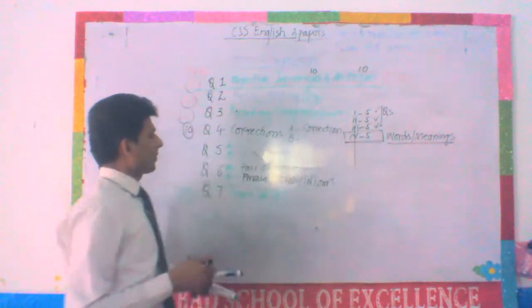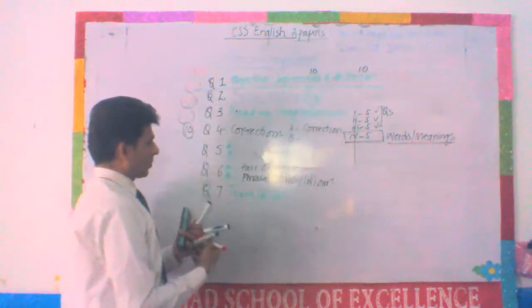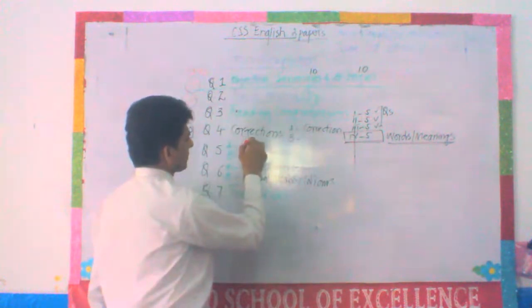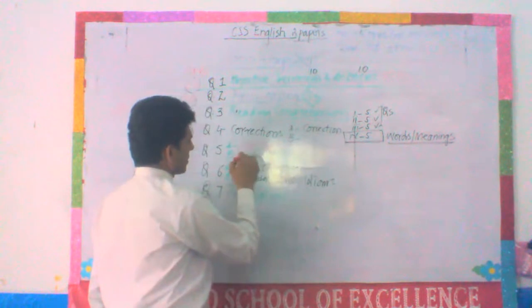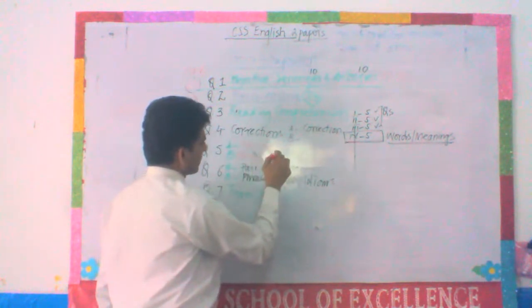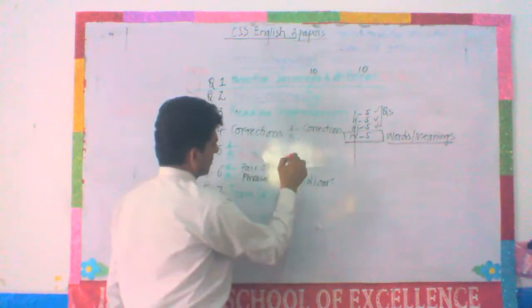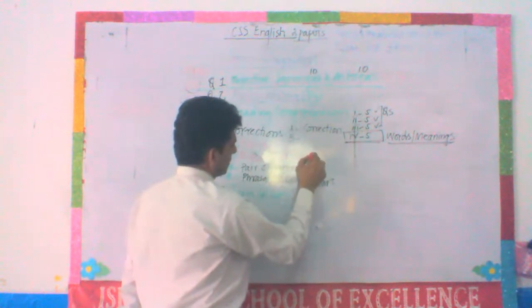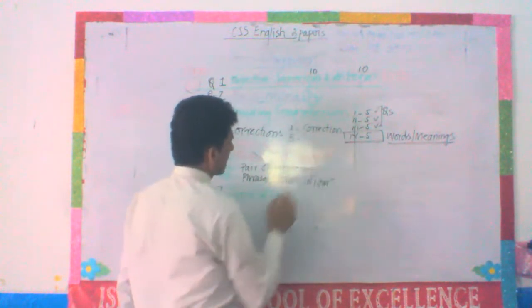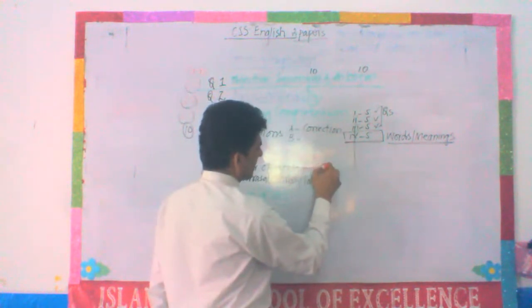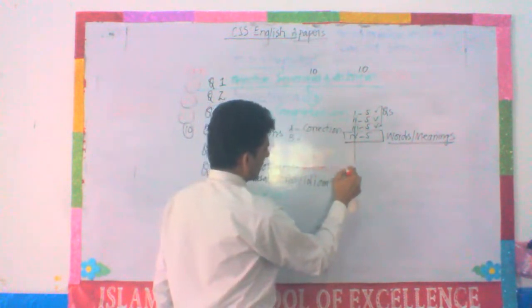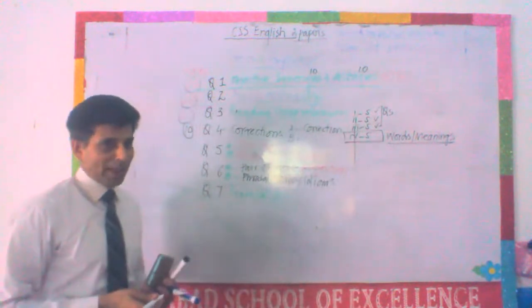And part 5, this one will be punctuation, direct and indirect, and sometimes prepositions are also added. Like in 2020, prepositions were added.